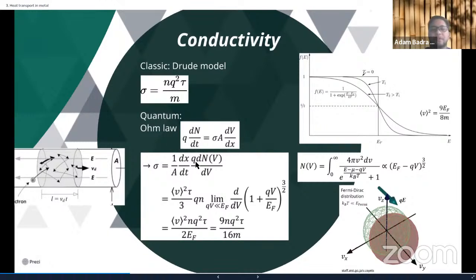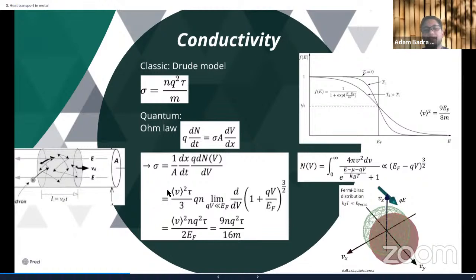The terms in front of the derivative can be written in this form because the velocity is just v, the average velocity, and q per a is just n times v tau, so the L. Q is the electron charge and n is the number of electrons per unit volume, so the electron density per unit area is the number of electrons per unit volume times the length.